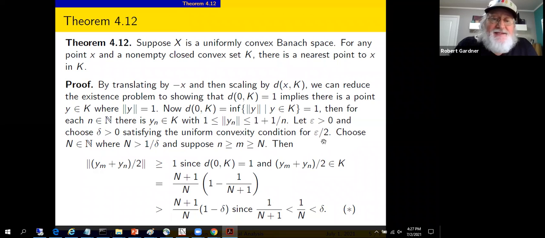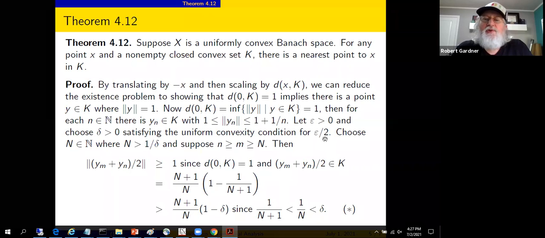That uniform convexity condition will give us, ultimately, something like the norm of y sub n minus y sub m is less than epsilon over 2, with some lead-in role played by the delta. But the convexity condition will imply the norm of a difference is less than epsilon over 2 under certain circumstances. All right, we'll get there.